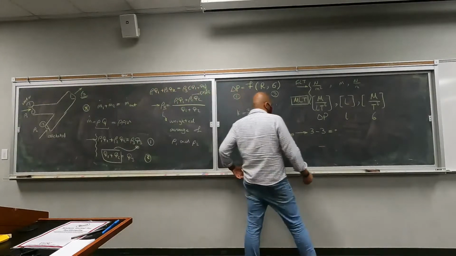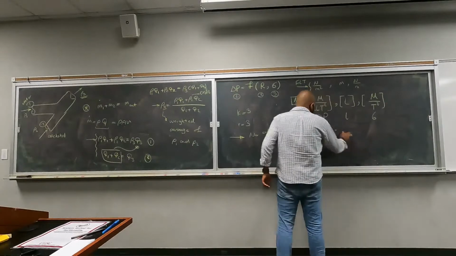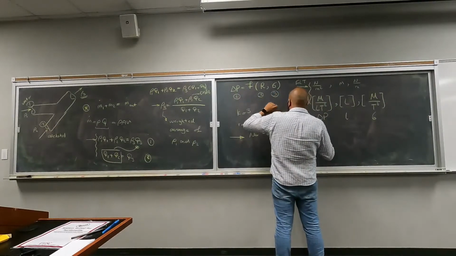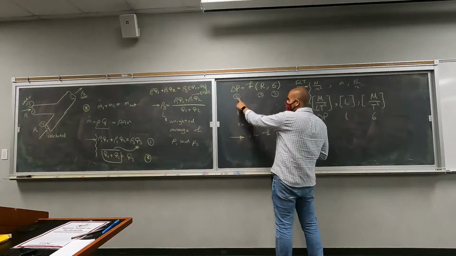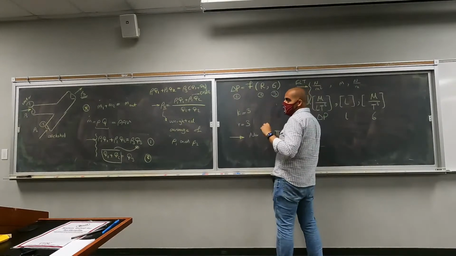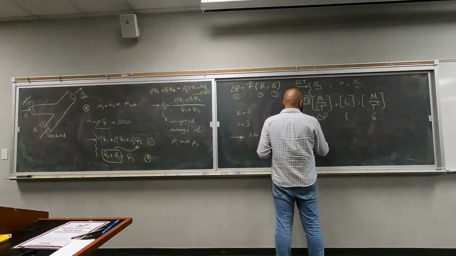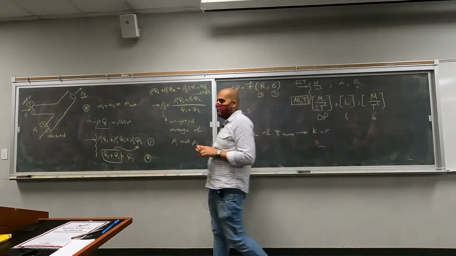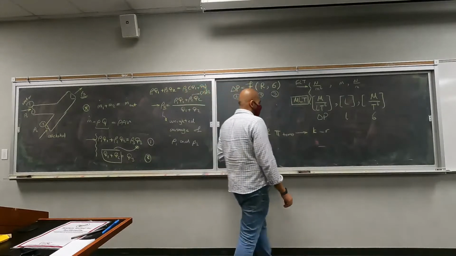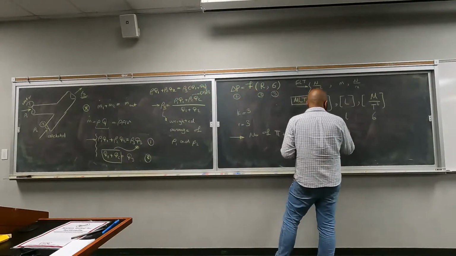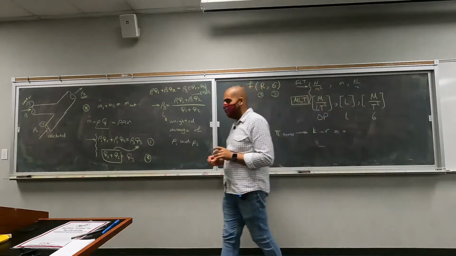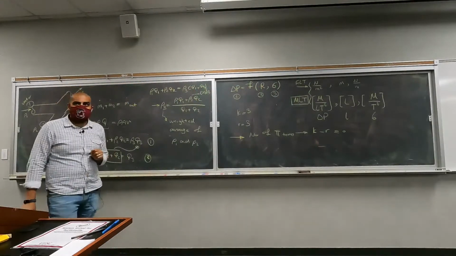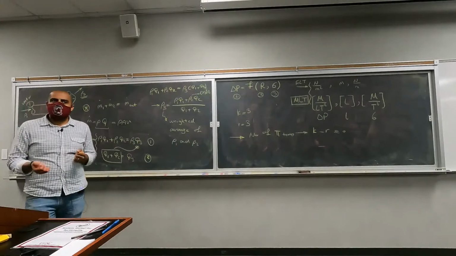K is the number of the variables you have. 1, 2, 3. Right? No, not the number of the pi variables, the number of the dimensioned variables. R is the number of primary dimensions. This is going to be 0. Okay. So what should we do?